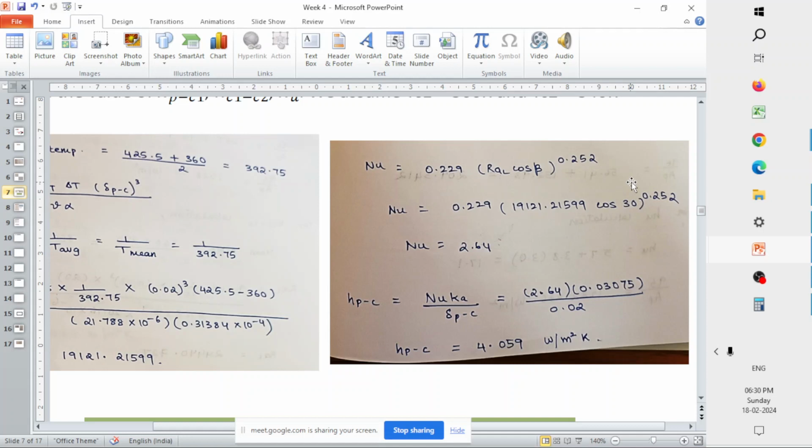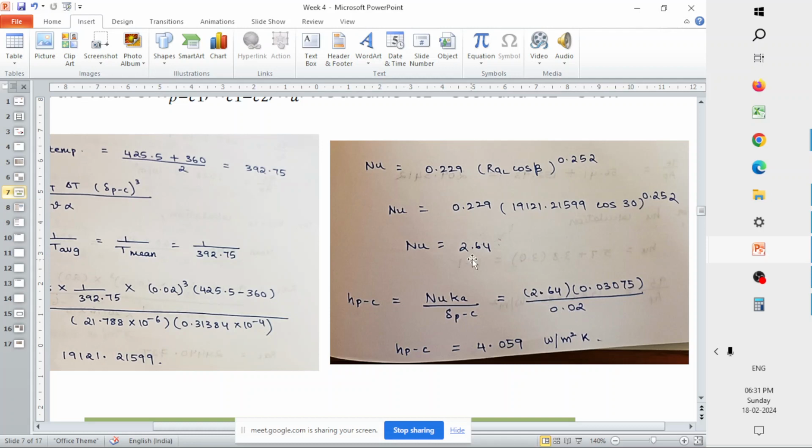Now you know your Nusselt number. So you can calculate the value of the heat transfer coefficient between the plate and cover 1. That is nothing but Nu times K, the thermal conductivity, divided by delta Pc, the spacing between the plate and the cover, that is 0.02.